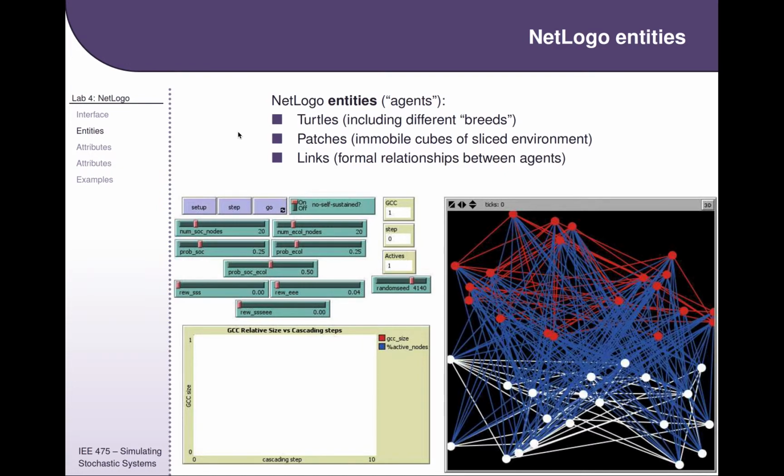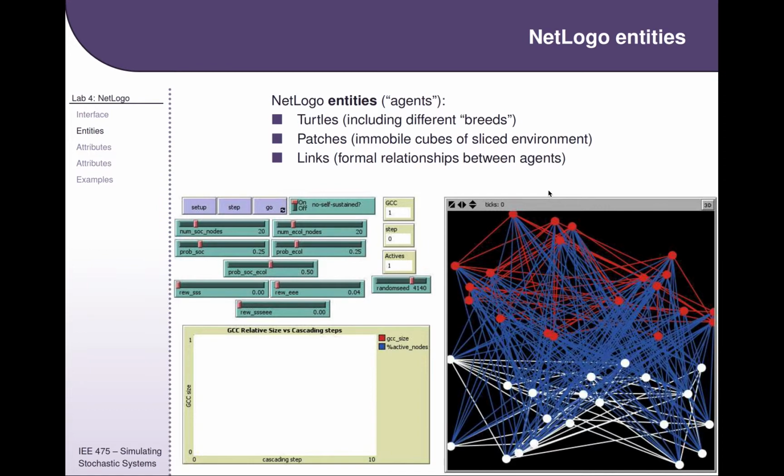and that's links. There's a social-network-style simulation depicted here, and each one of the dots is a turtle that happens to be sitting on top of a patch. Turtles have relationships with each other, and those relationships can be formalized through another agent called a link.